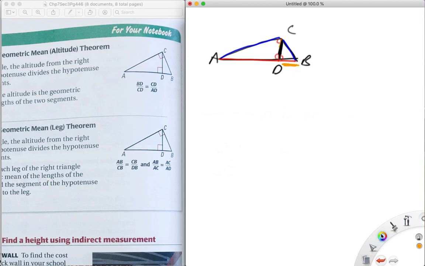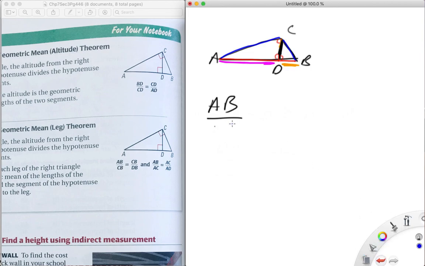If we look at AC, AC touches the overall hypotenuse AB at AD, right here. So when we do this problem, and we set this up, it's going to be the hypotenuse AB over, let's do the smallest one, so over CB.